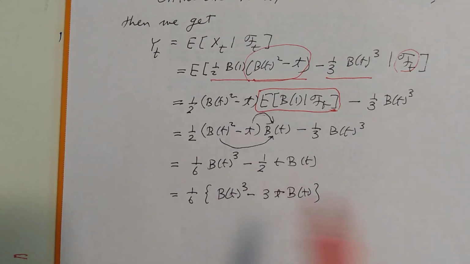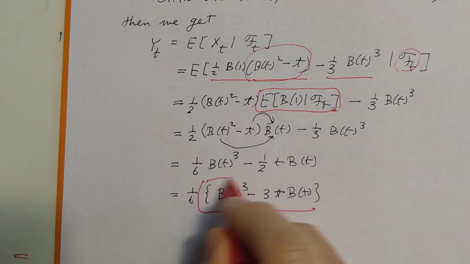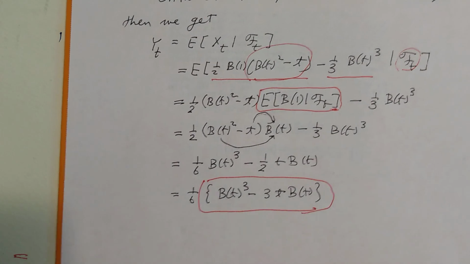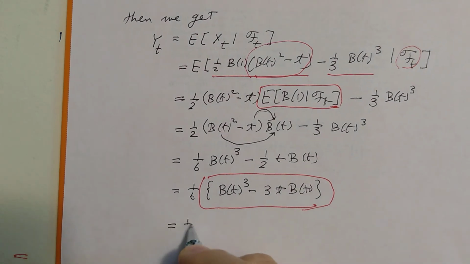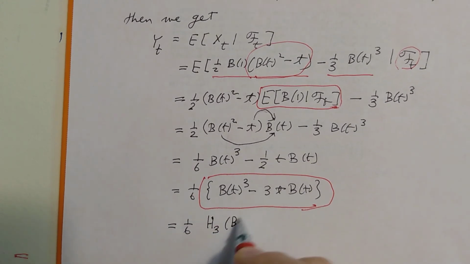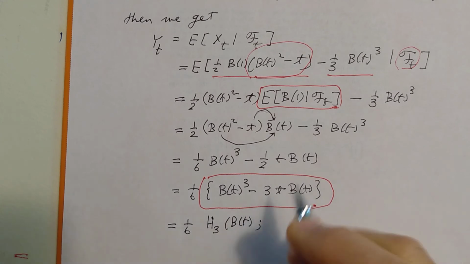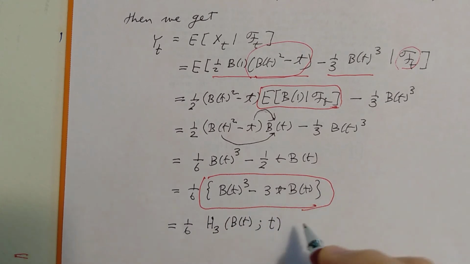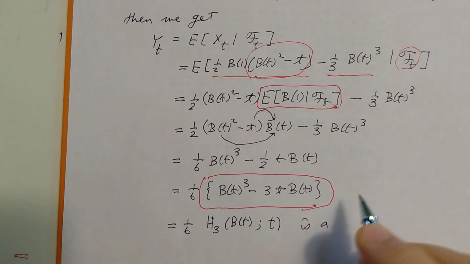And now you see, what is this? This is a Hermite polynomial. This is 1/6 of the Hermite polynomial of degree 3 of B_t with parameter t. And this is a martingale.